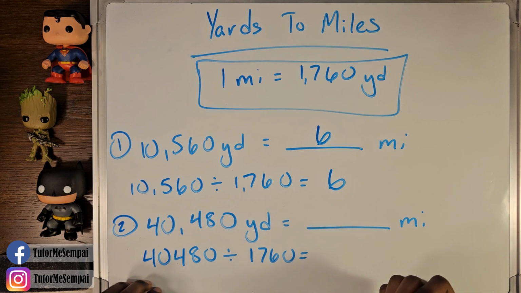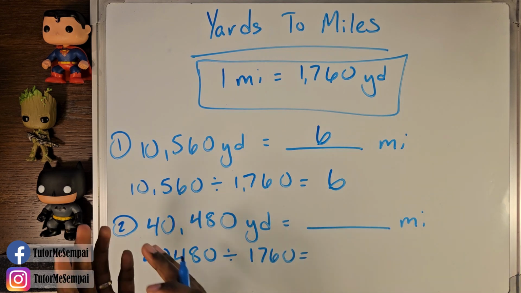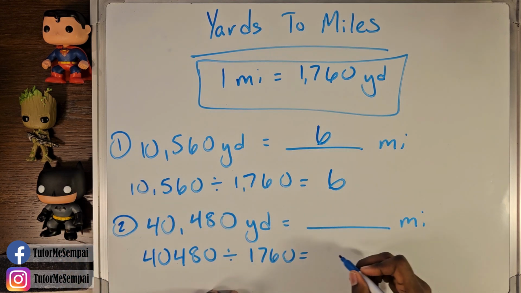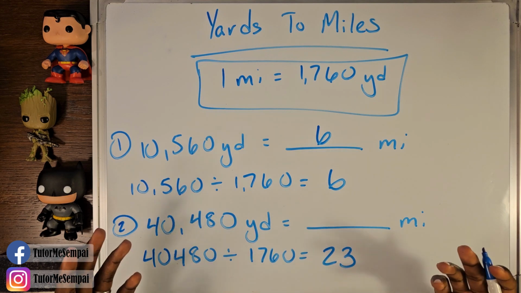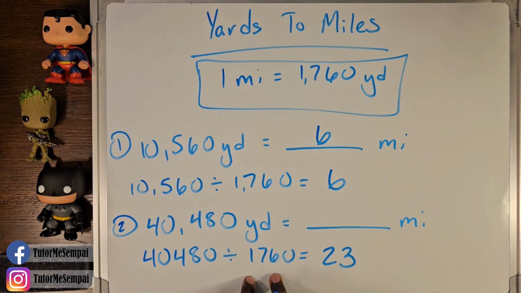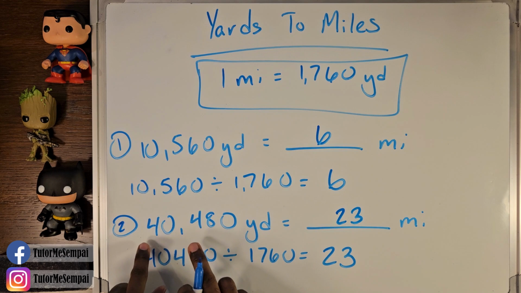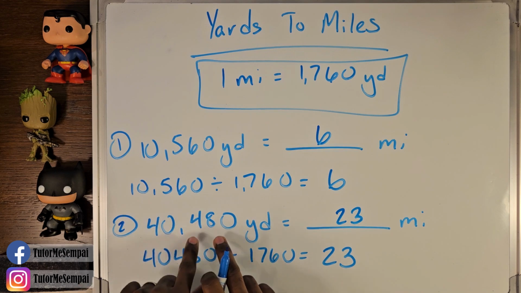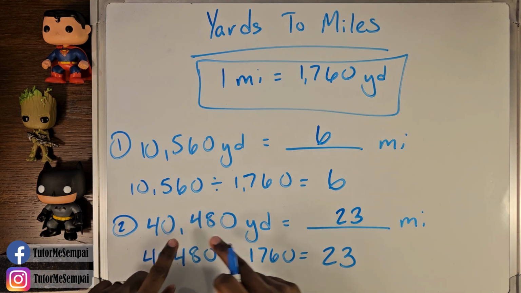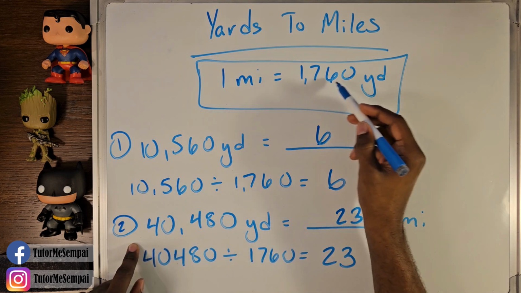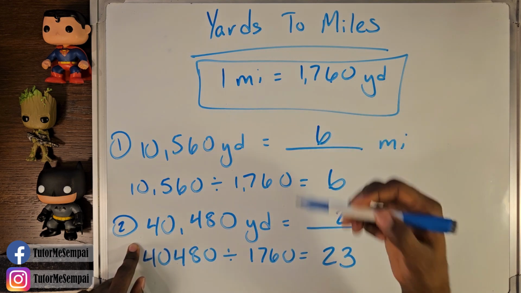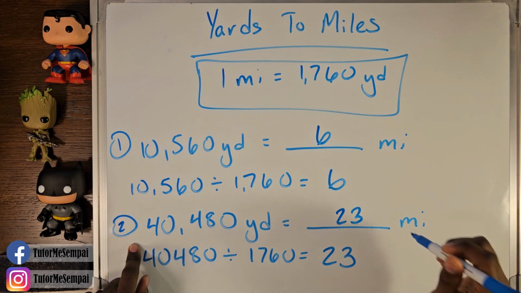And when we do that division, whether it's long division or you're using a calculator or something else, you're going to get 23. That means we have 23 groups of 1,760 to make up this 40,480. That also means that we have 23 miles when we have 40,480 yards. We just want to take our total yards and divide it by 1,760. That should let us know how many miles we have.